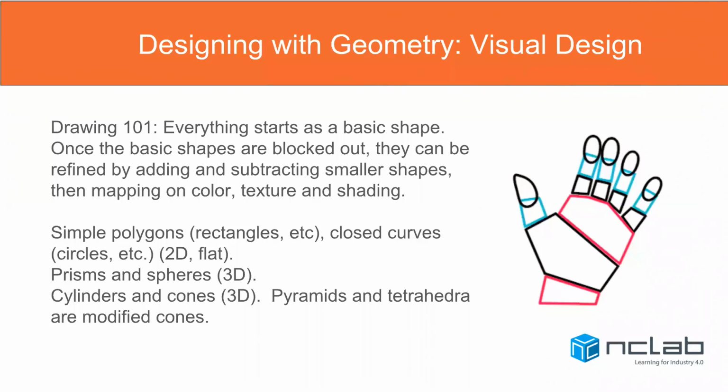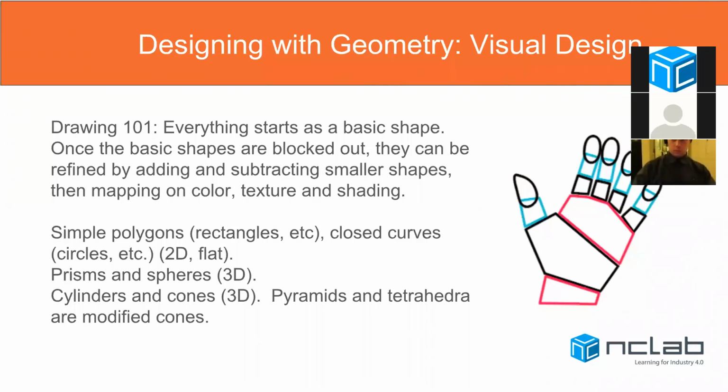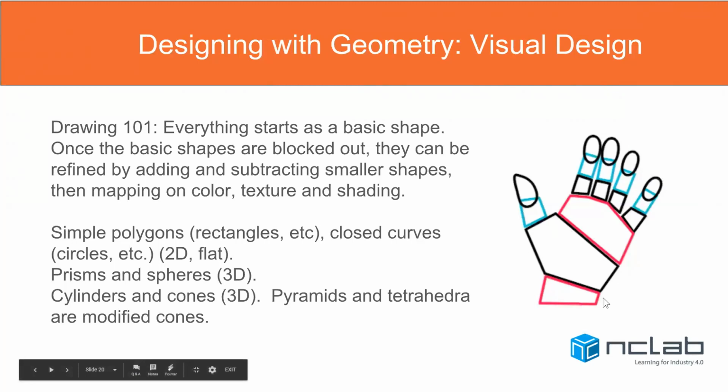You want to think about your visual design in terms of polygons, and in 2 dimensions. Those are simple polygons. They can be rectangles and quadrilaterals, and what do we have here? We have a 5-sided polygon and closed curves. So these are ovals. This one is a bit of an irregular curve.